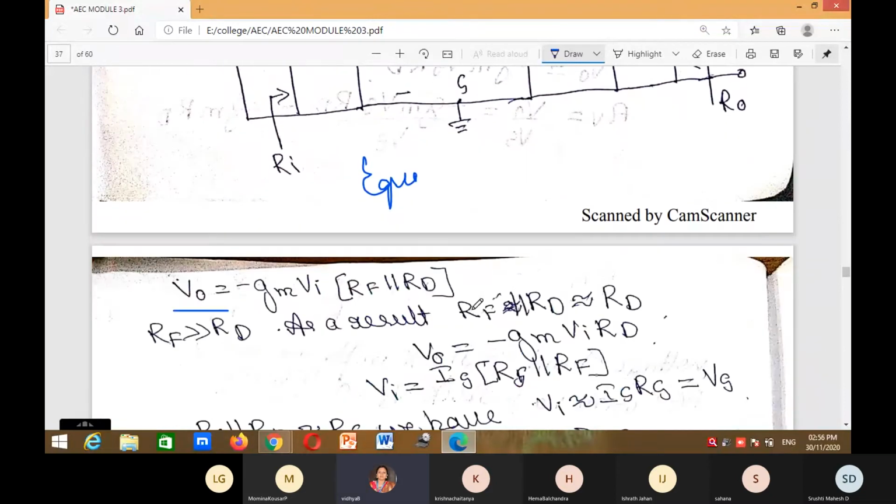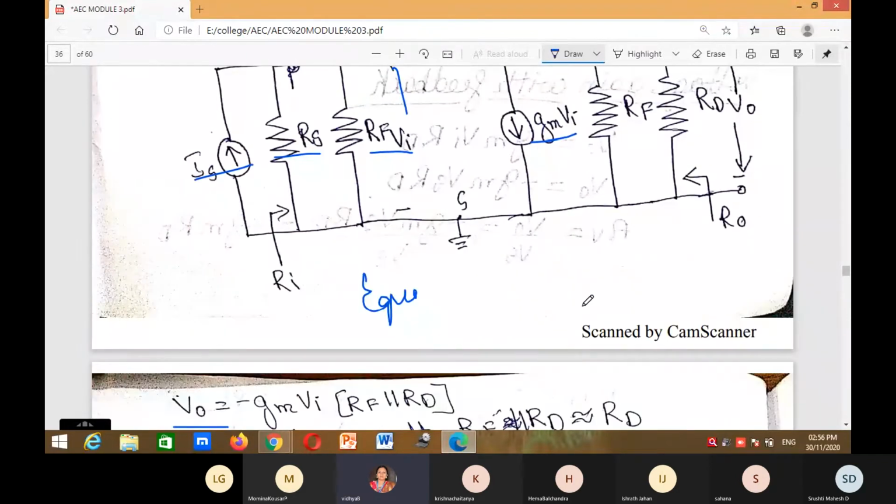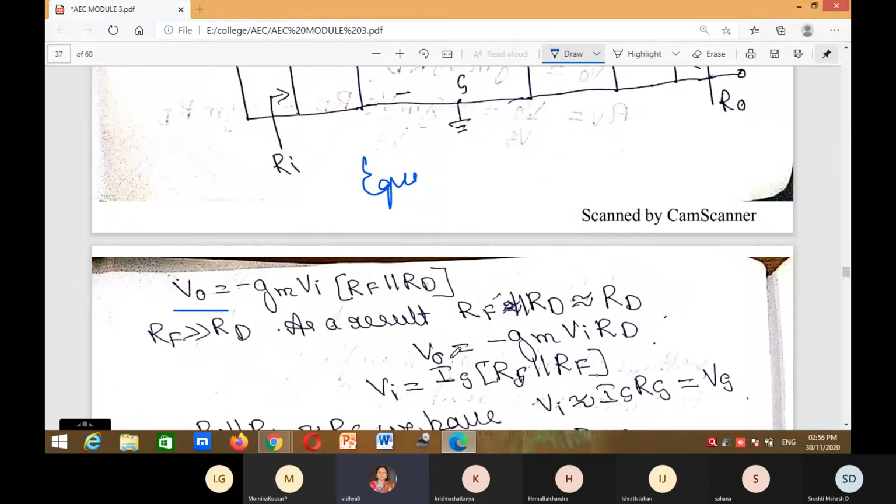What can we write for V0? V0 is equal to minus gm into Vi, with the two resistors in parallel, that is Rf parallel Rd. So output voltage is equal to minus gm Vi, open bracket, Rf parallel Rd, close bracket.